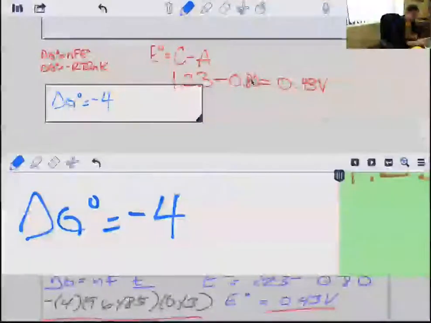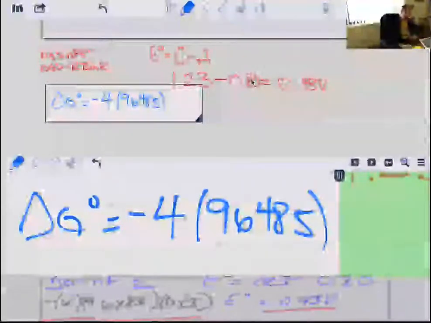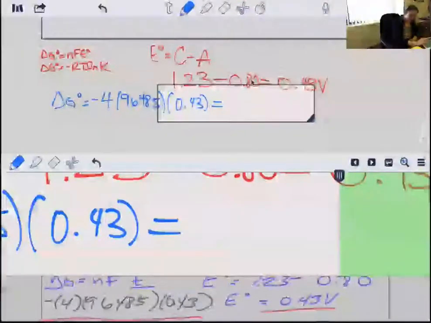So negative 4 is my N. F is Faraday's constant, which is 96,000, depending on which book you're looking at. I use 96,485. It's also rounded to 96,500. Times my E naught, which is 0.43. And my value for delta G becomes negative 165,954, and that's the number of joules per mole.